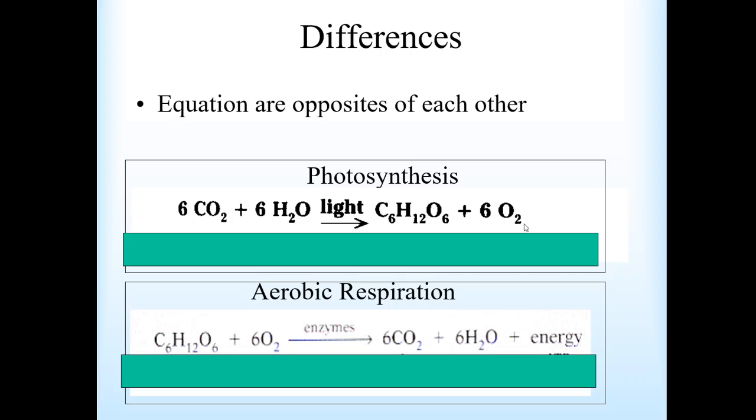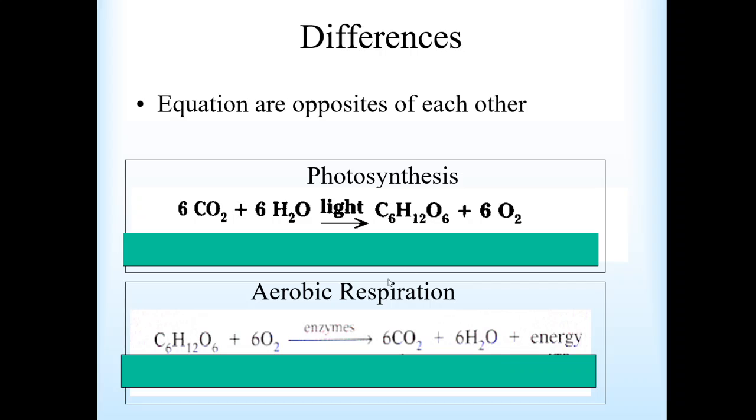These are the overall reactions, and I want you to look at these pretty carefully. So you can see that photosynthesis is carbon dioxide plus water gives you glucose plus oxygen. We've gone through that. But then aerobic respiration or cellular respiration, we take glucose and oxygen and we make carbon dioxide and water and energy.